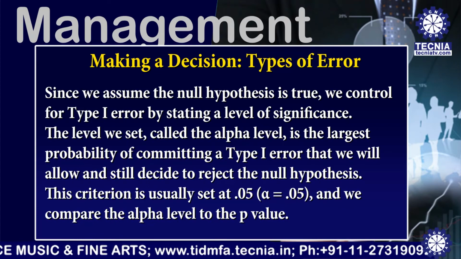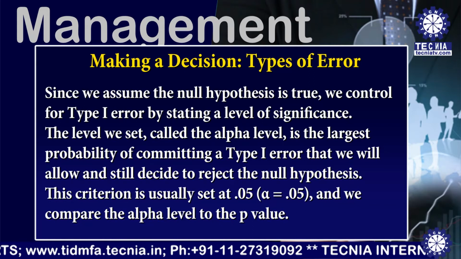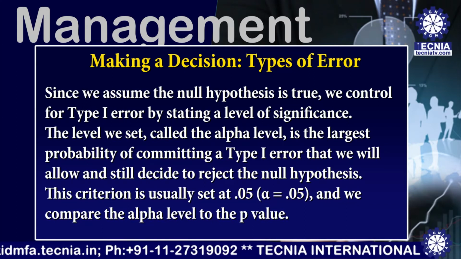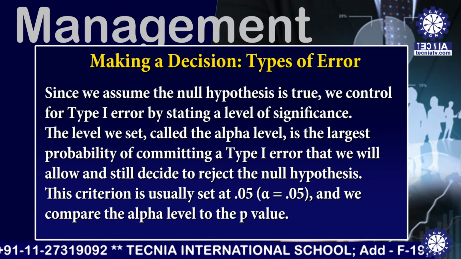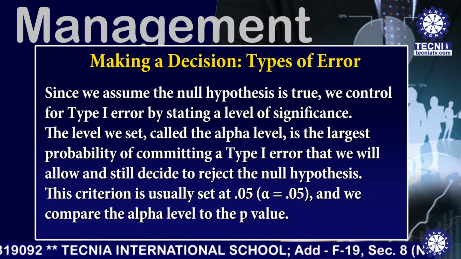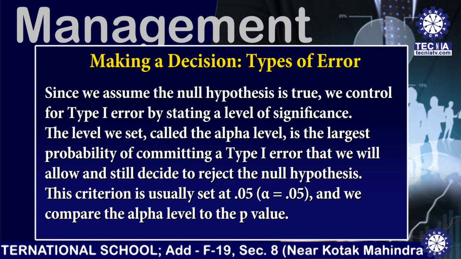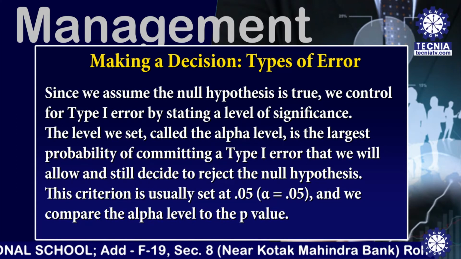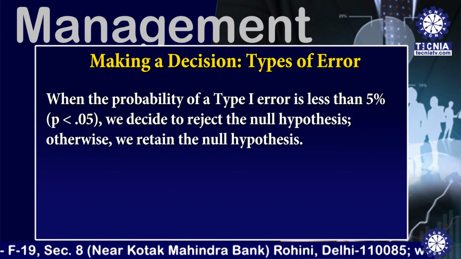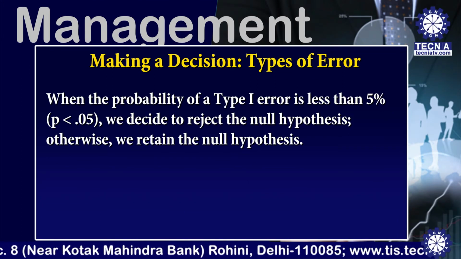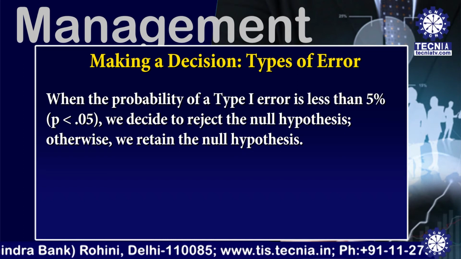The level we set, called the alpha level, is the largest probability of committing a type 1 error that we will allow and still decide to reject the null hypothesis. This criterion is usually set at 0.05 and we compare the alpha level to the p-value. When the probability of a type 1 error is less than 5%, we decide to reject the null hypothesis, otherwise we retain the null hypothesis.